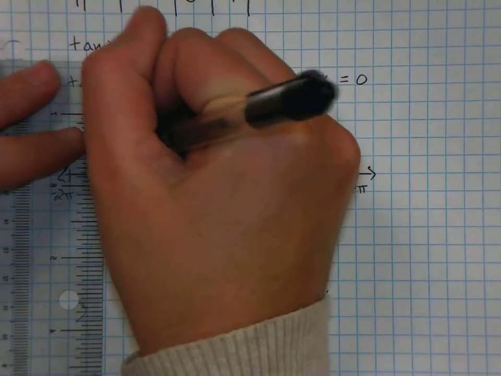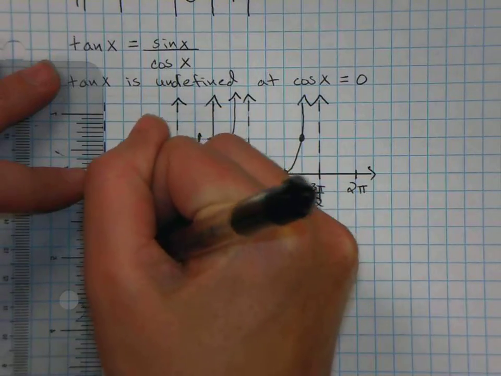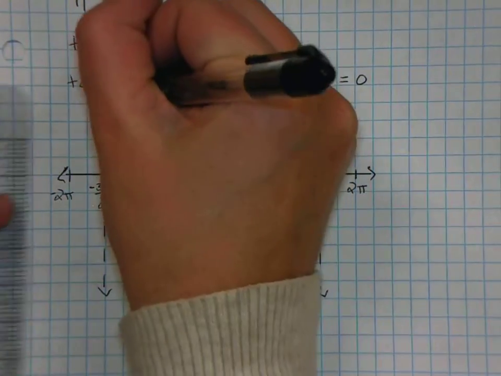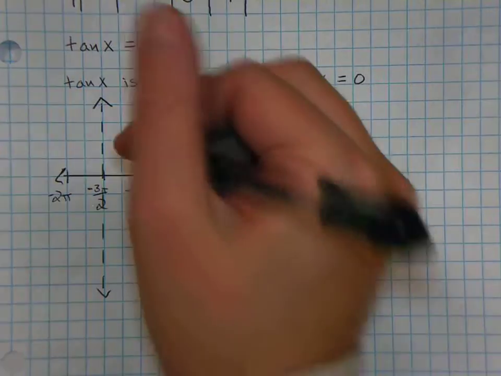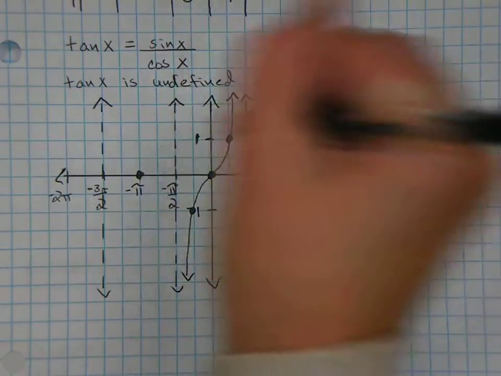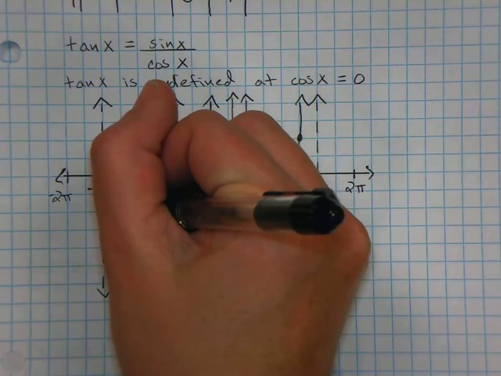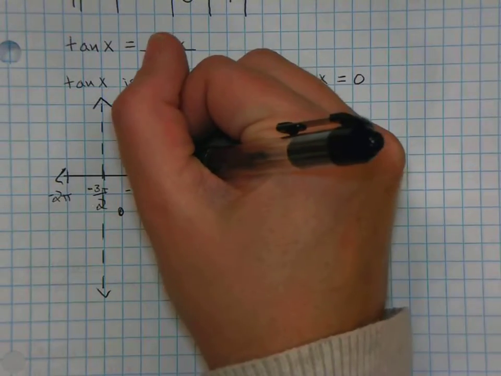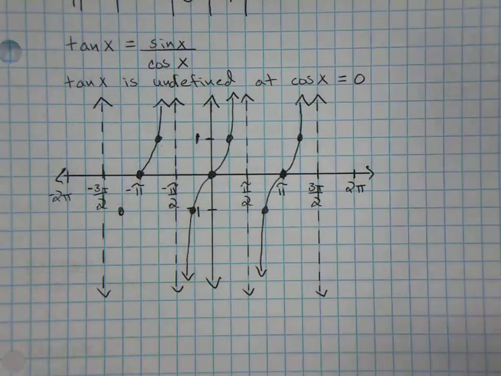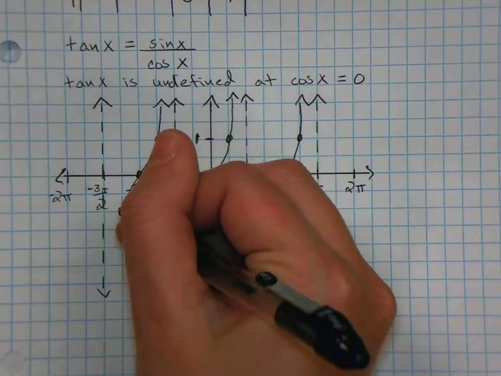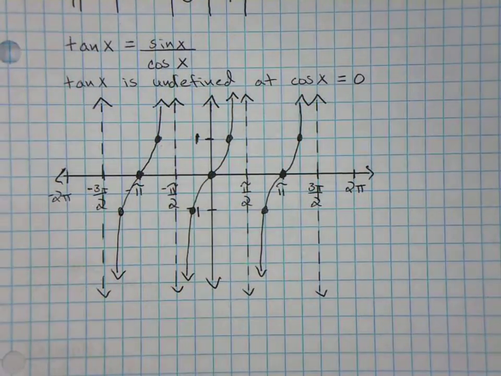So I'll usually draw 3 of these when I graph. So that'd be a total of 4 asymptotes. But that's going to be your parent graph for tangent.